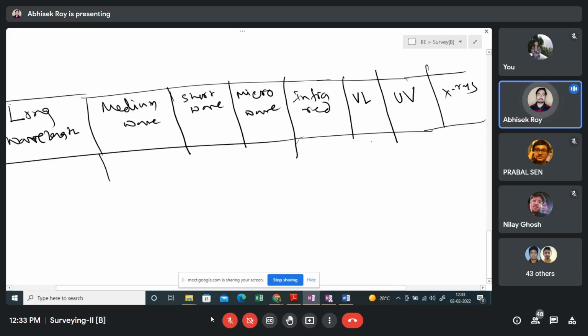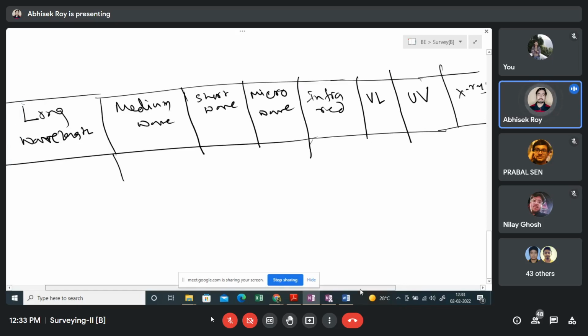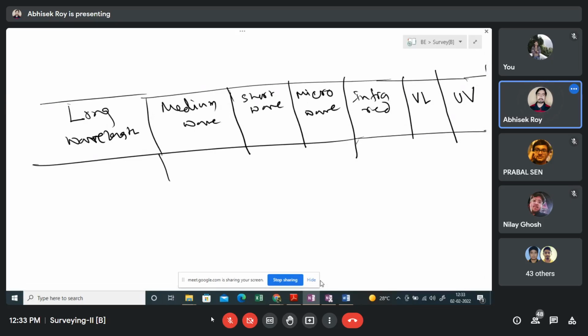So what is the more or less wavelength? Normally, the medium wavelength will be more than 10 square, 10 square in meter. And long wavelength, normally 10 to the power 4 comes here, so it will be nearly greater than 10 to the power 3 or like this.